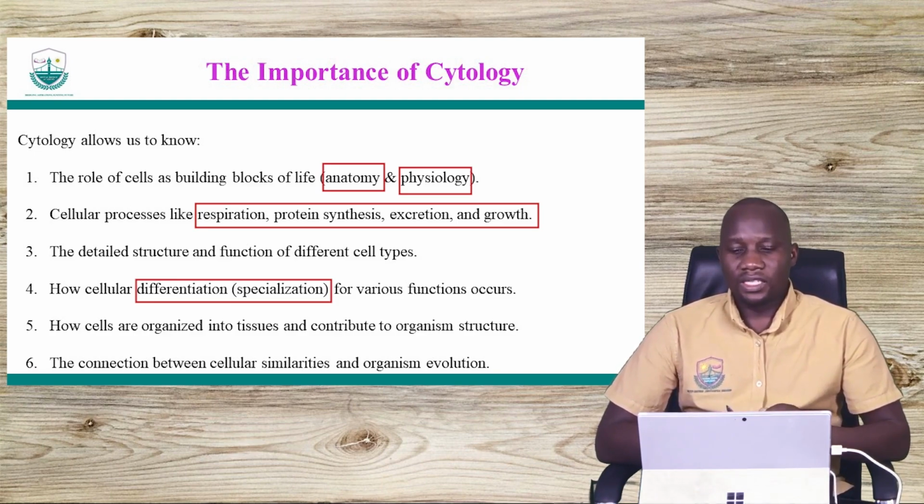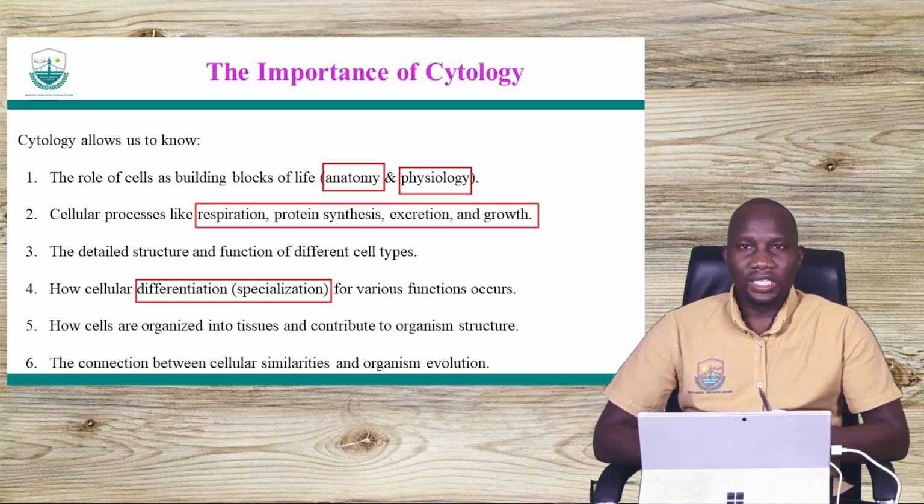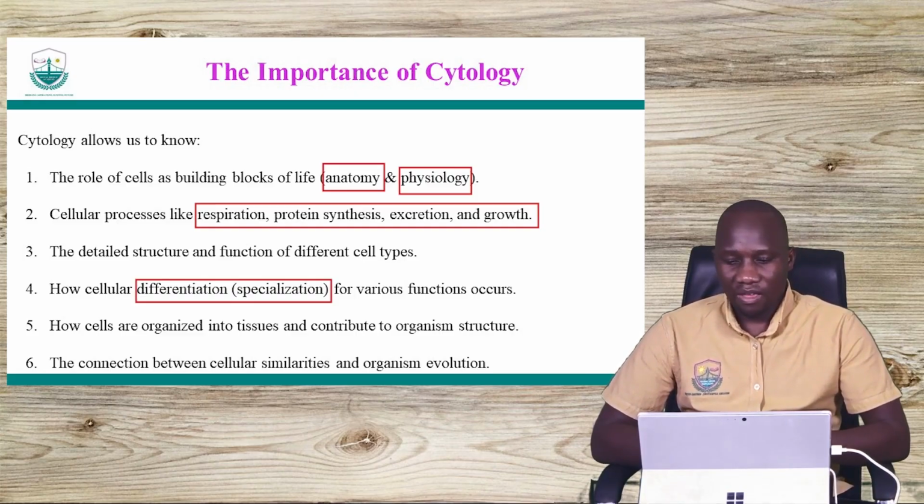So this is to say that it's good for us to look at cells such that we can really appreciate how complex organisms are. That is point number 5.